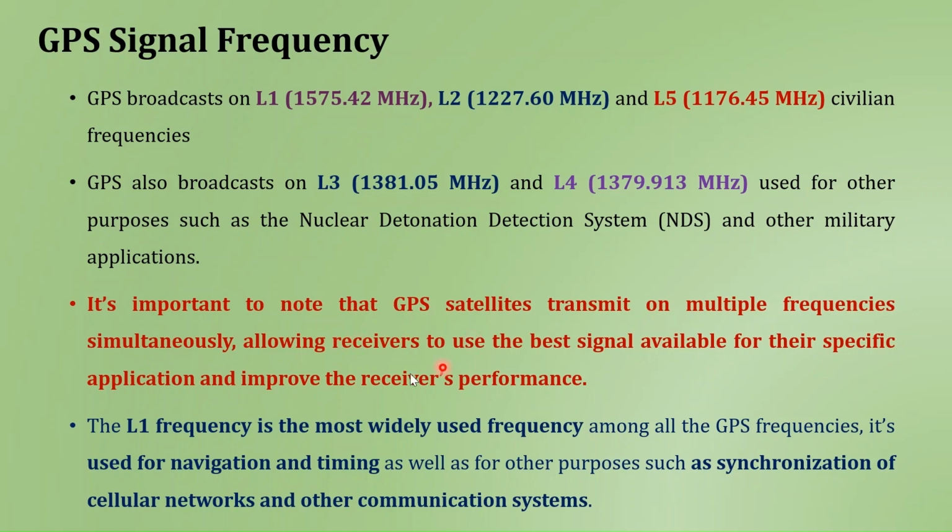Using multiple frequencies improves the receiver's performance. Among all the GPS frequencies, the L1 frequency is the most widely used and is used for navigation and timing as well as for the synchronization of cellular networks and other communication systems.